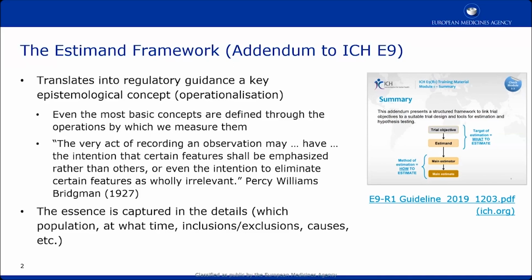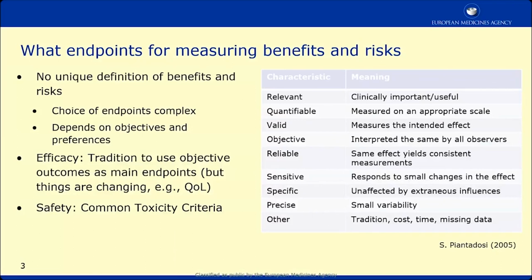Now, you can soon realize that with so many different aspects involved, choosing the right endpoint is not trivial. And there's a nice classification in this textbook which talks about criteria such as relevance, being able to quantify, validity about measuring the intended effect, an effect that should be interpreted in the same way by all observers, reliable, sensitive, specific, precise, etc. And there are also other considerations which are less of a methodological nature, which are like tradition.